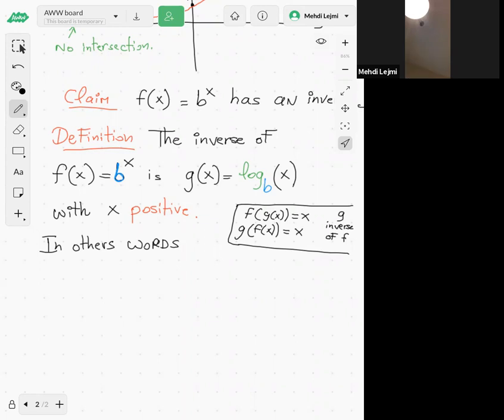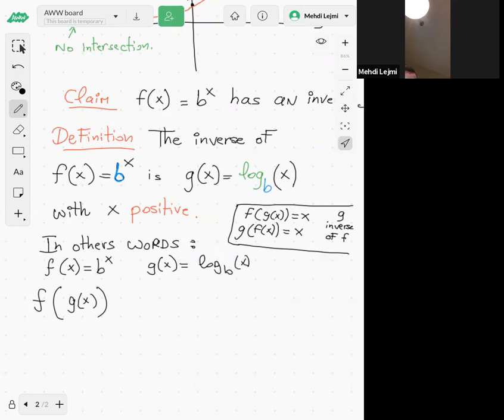So if you do f of g of x, that will be equal to x. So if you want to compute f of g of x, f of x is my b to the x, right? Now I'm saying g, the inverse, is this log. So g of x is this log in base b.